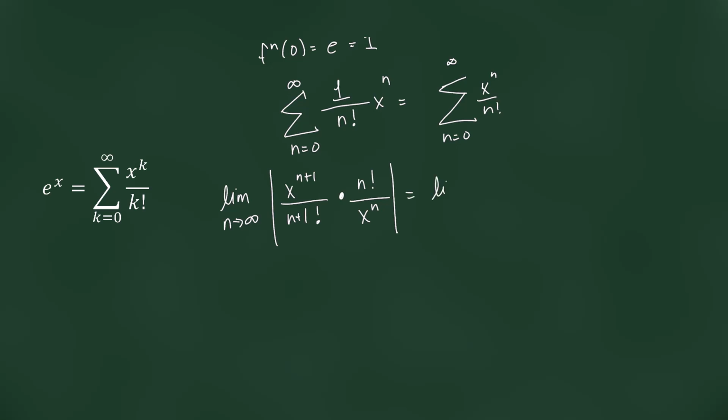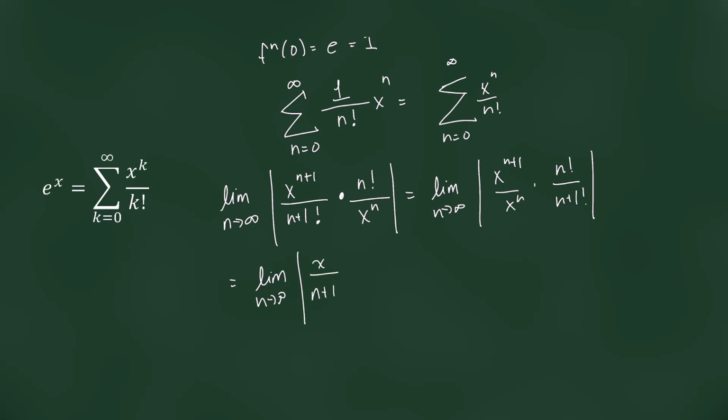We'll move some terms around there. So we have x to the n plus 1 over x to the n, times n factorial over n plus 1 factorial. And then using what we know about factorials and exponentials, we can rewrite this as x over n plus 1.